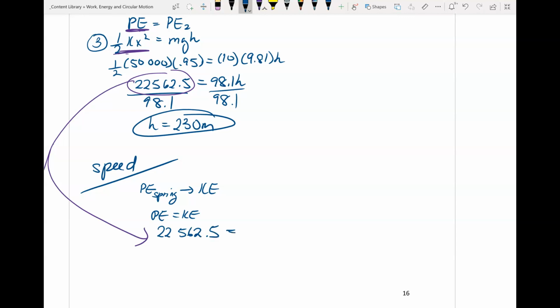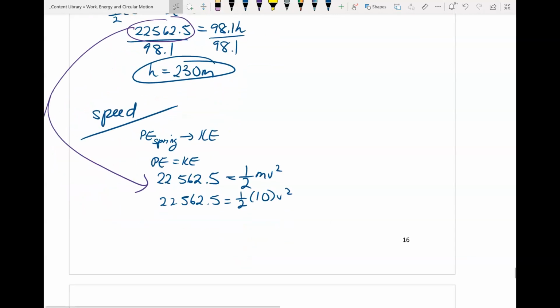And kinetic energy is calculated as a half mv squared. So I'm just going to replace m because we know what that is. It's 10. And then I'll rearrange and solve for v.